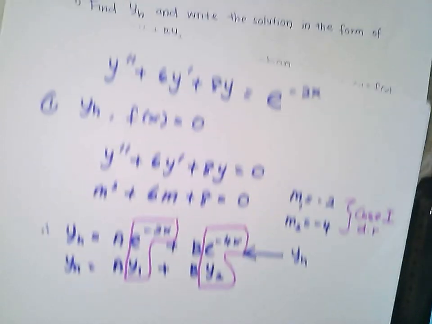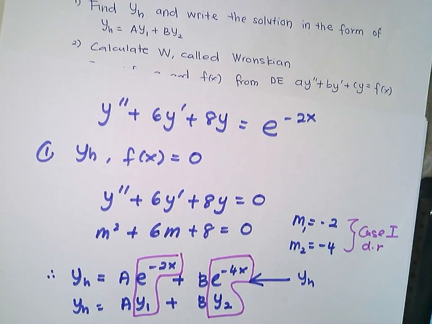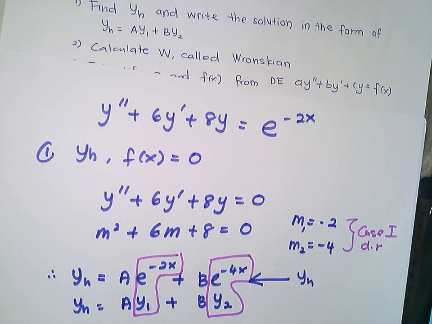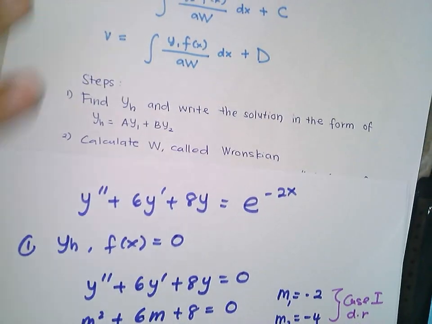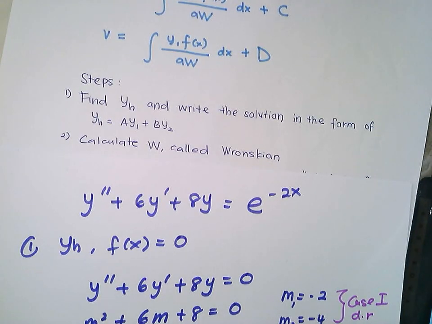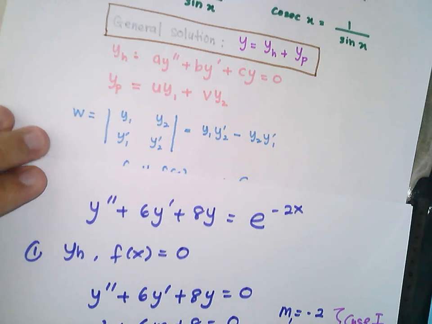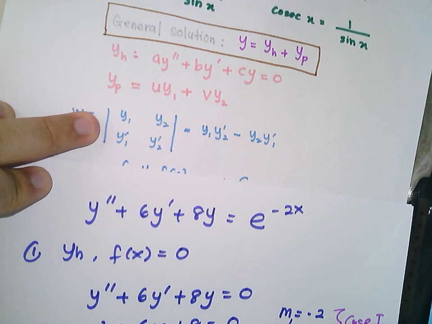So next you were asked to calculate the Wronskian W. So the W, this one is step 2. Okay, so this is step 1, so step 2, calculate W. So W is given by this one: y1, y2, y prime 1, y prime 2.